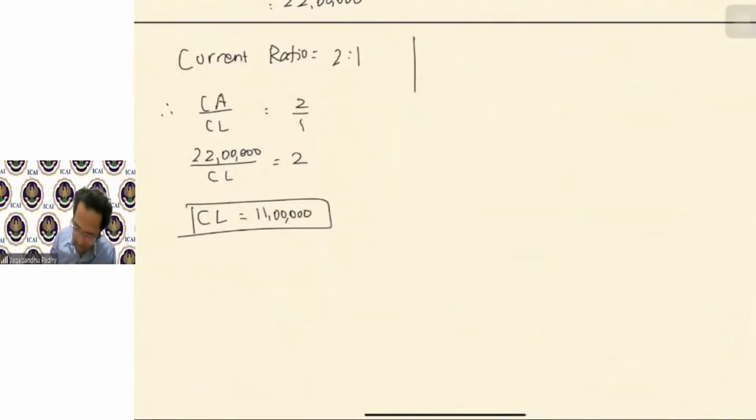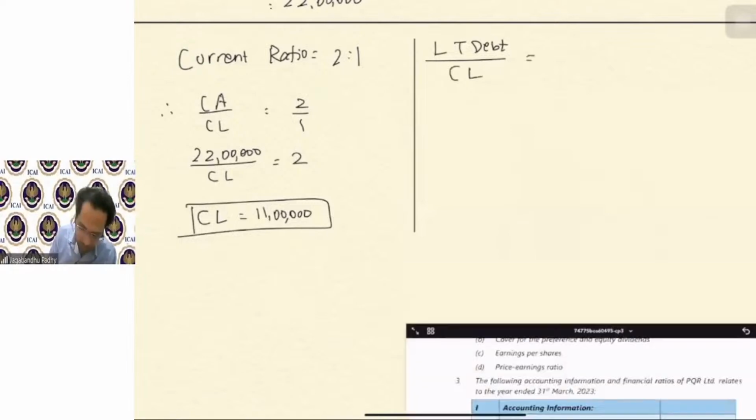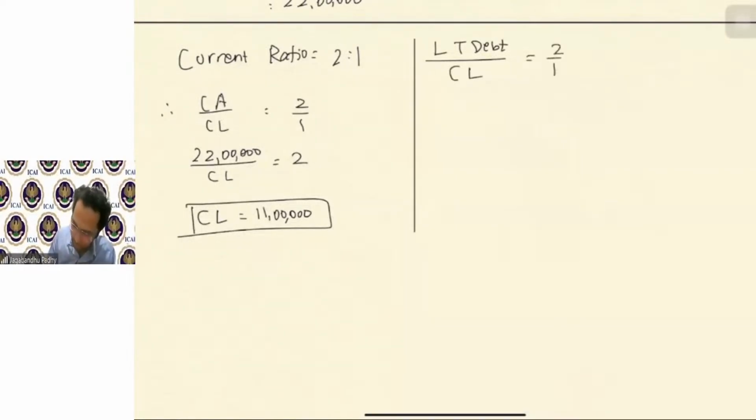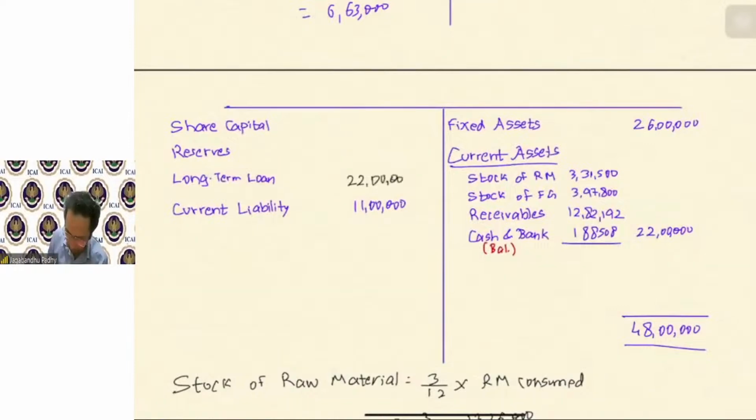So since we have this ratio of long-term loan to current liabilities to be equal to 2 is to 1, long-term debt is 2 into 11 lakh, 22 lakhs. Long-term debt is 22 lakhs.